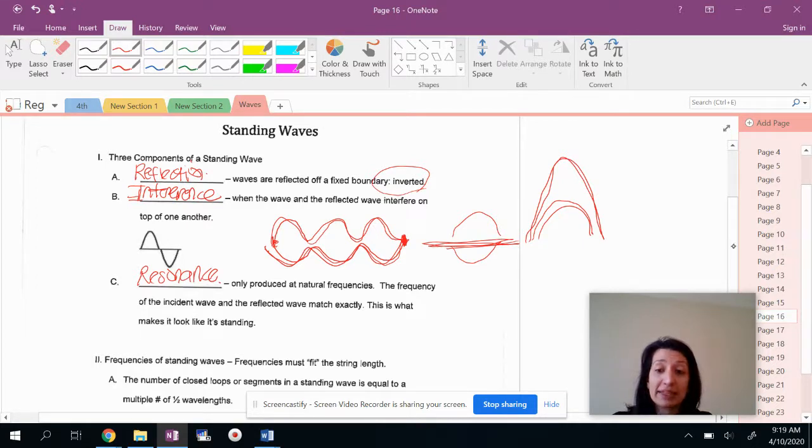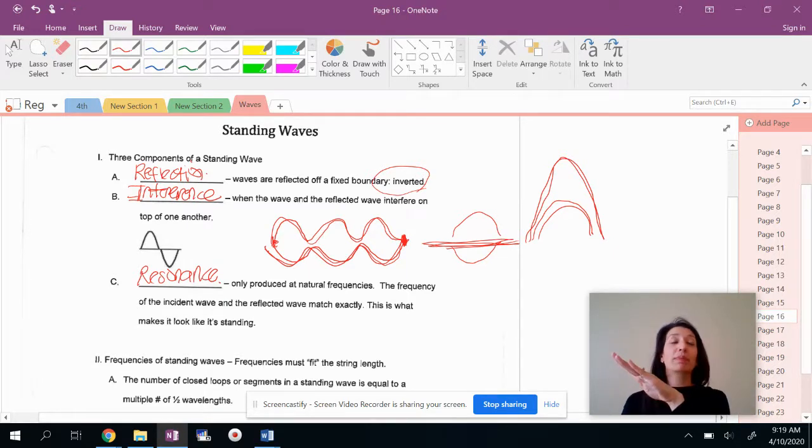Okay. And resonance is, in my opinion, the most important thing here, because if we have a natural frequency of an object, such as a swing at a playground, when you pump your legs, you have to catch that exact vibration of that swing.